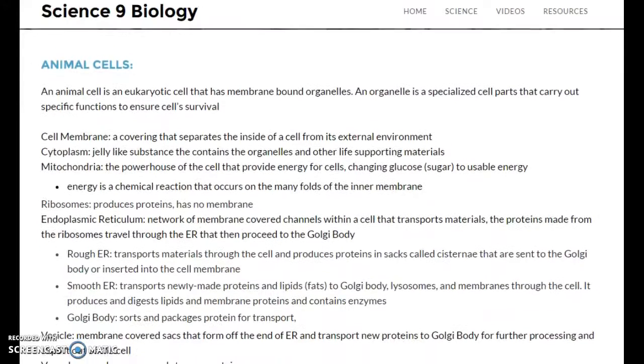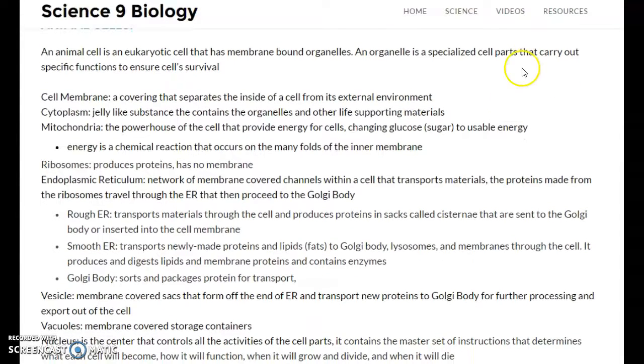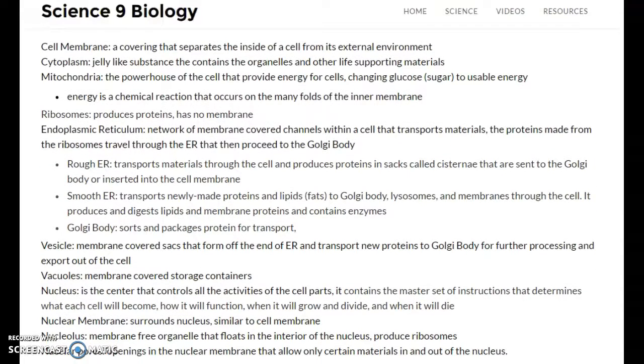Here is animal cells. We explain the organelles in the animal cell and their function to ensure the cell's survival. So there's a list of that there. There's cell membrane, cytoplasm, mitochondria, ribosomes, ER, which there is rough ER, smooth ER.